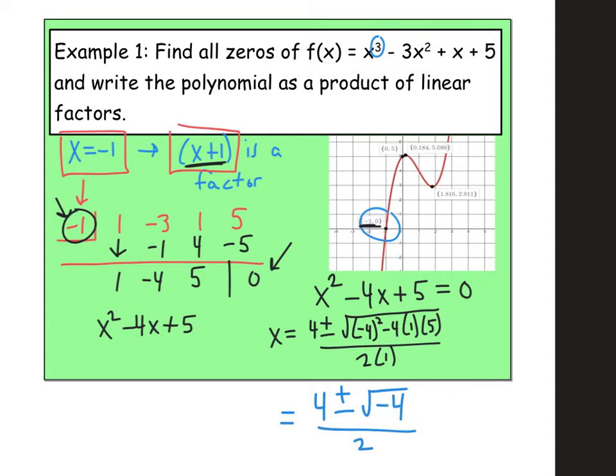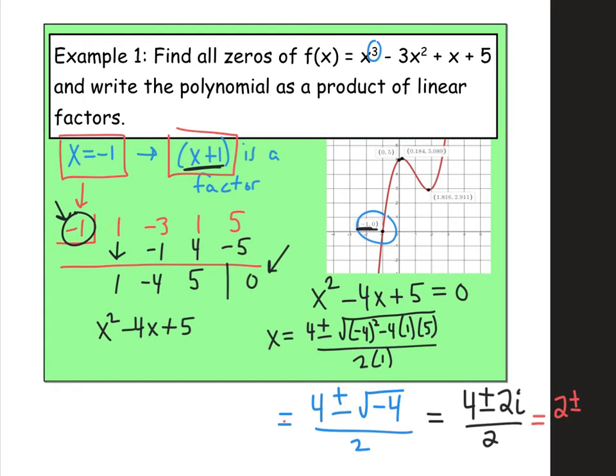And then we can simplify a little bit further because we know the square root of negative 4 is 2i. So 4 plus and minus 2i over 2, which can go one final step here in dividing each coefficient by 2. The 4 over 2 is going to become 2, and the 2 over 2 is going to become just 1. So we're going to end up with 2 plus and minus i.